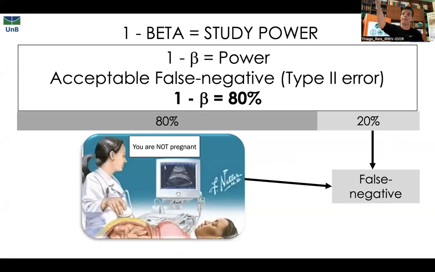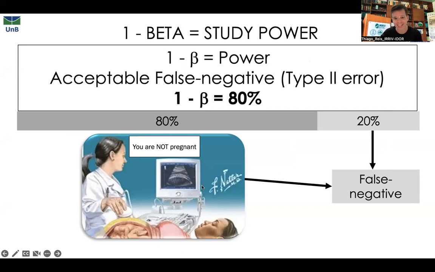Then we have beta. Beta is related to the risk of having a false negative result, which means that the intervention improves outcomes, but our trial could not demonstrate that. So we had a false negative result.